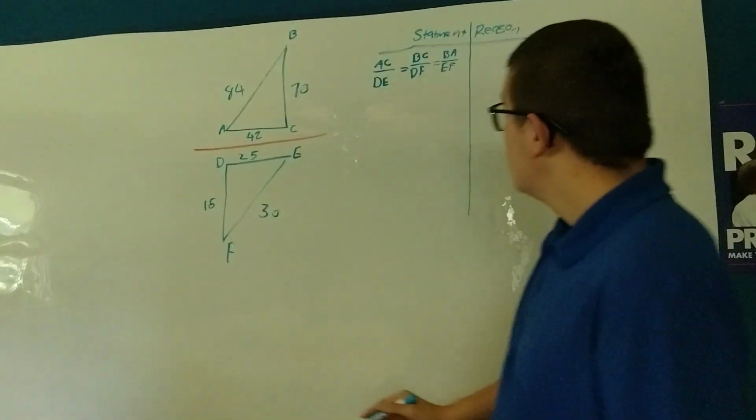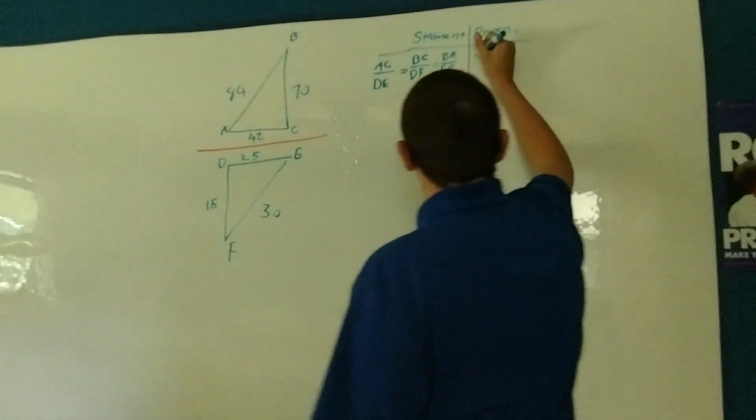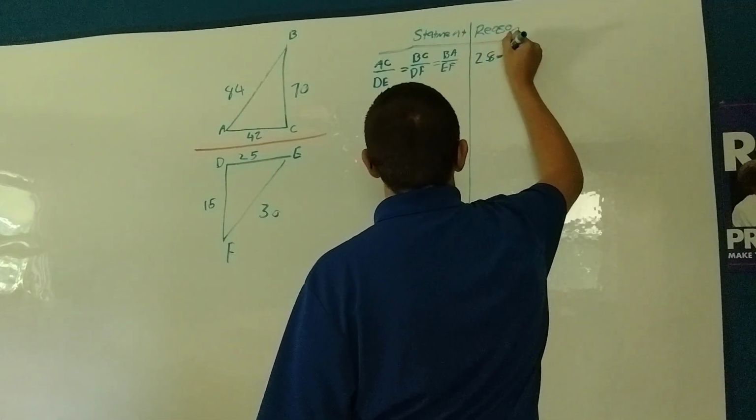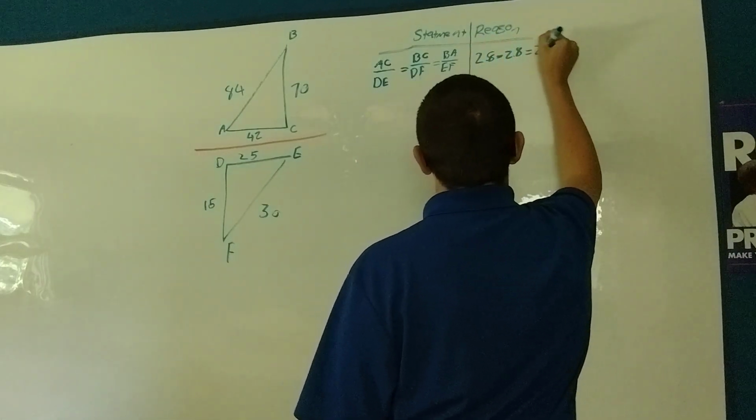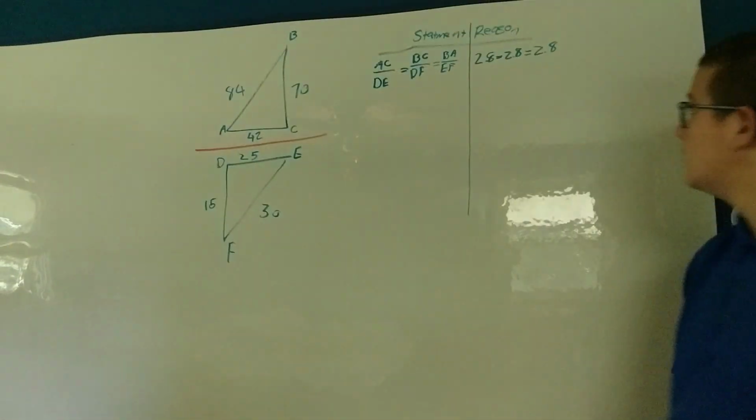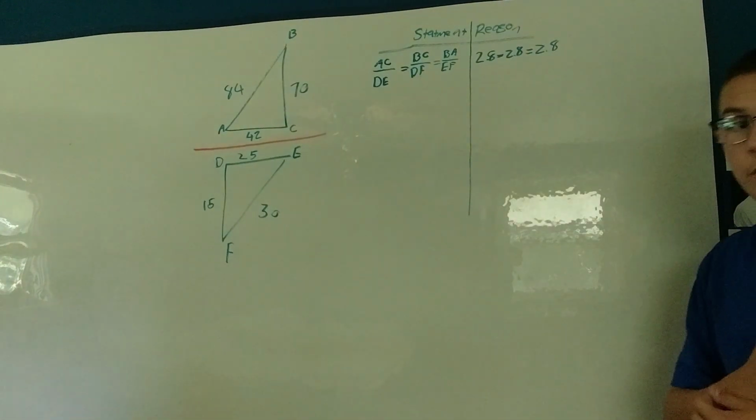Like that. And we can write our reason is 2.8 equals 2.8 equals 2.8, like that. Right? Because all those lengths are equal to 2.8.